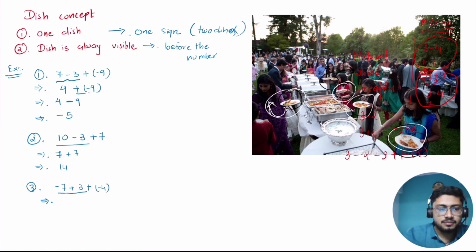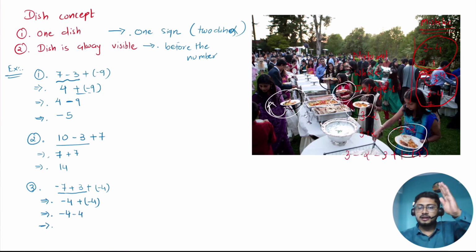Minus 7 plus 3: make a group of minus 7 plus 3. From where do we need to start? From the left hand side. Minus 7 plus 3. Negative is more, positive is less. Who is going to win? Always negative. Two dishes are there, and we don't want two dishes, we want only one. Plus minus minus 4. Minus 4 minus 4. Both are from the same team, the negative team. What is my answer? It's minus 8.